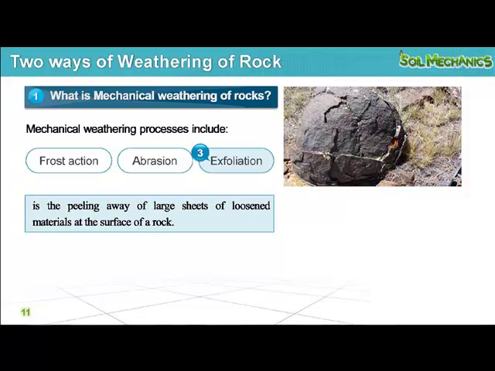It can peel away as sheets of loosened material, which we call exfoliation. It is one type of mechanical weathering also. So again, mechanical weathering processes include frost action, abrasion, and exfoliation.